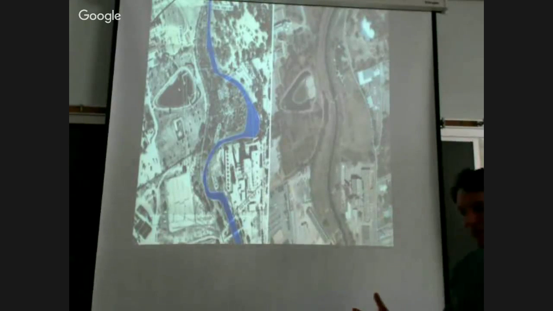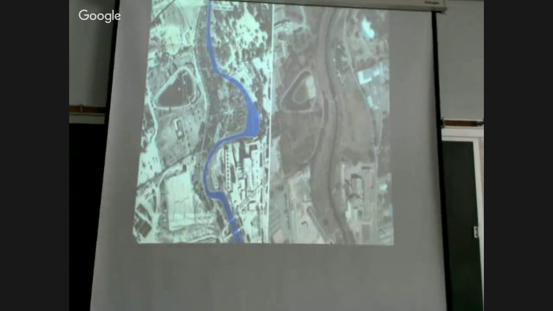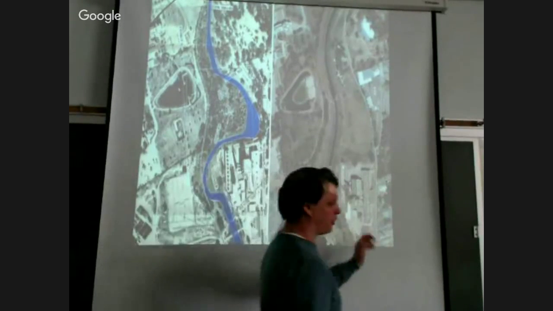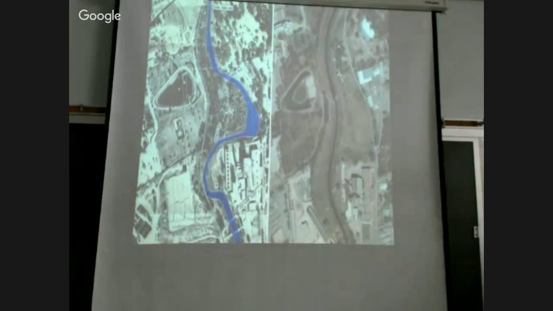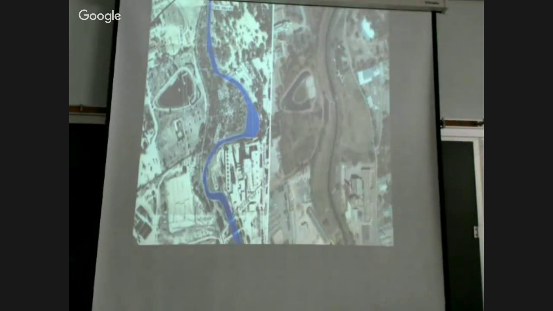What was unique about the setup of the presentations is that the D group then presents channelization and what the problems with channelization are. Taking a look at this back-to-back image, the image on the left was taken at some point in the past, and then the river was channelized, and now the image on the right is however many years into the future.